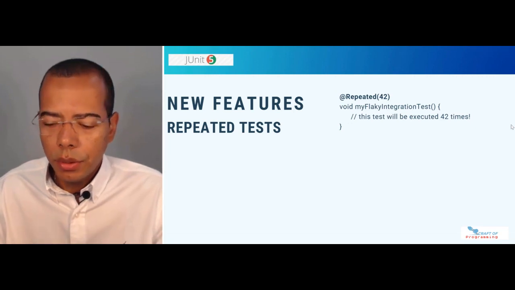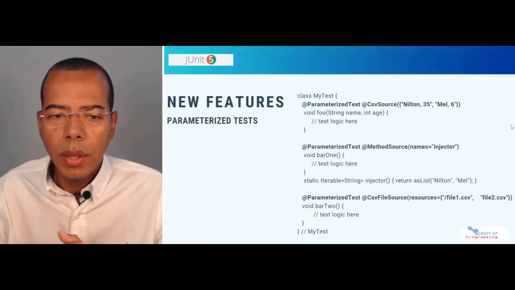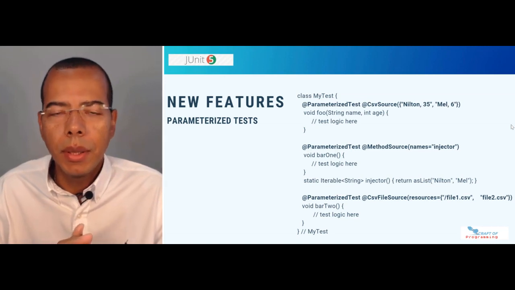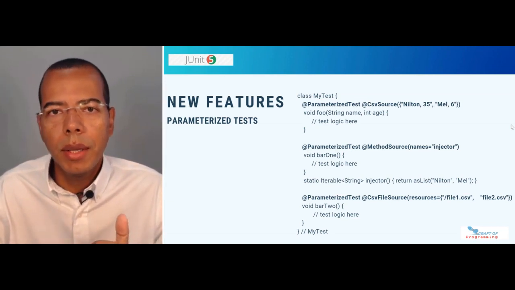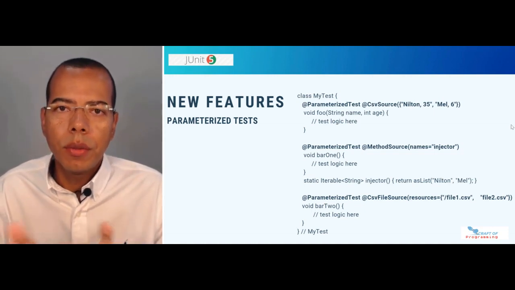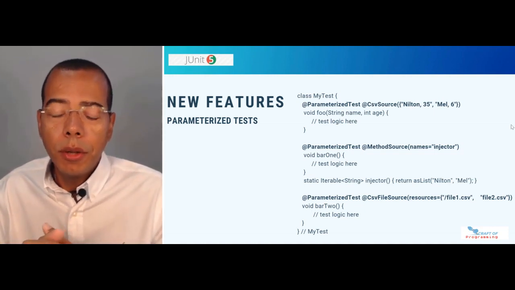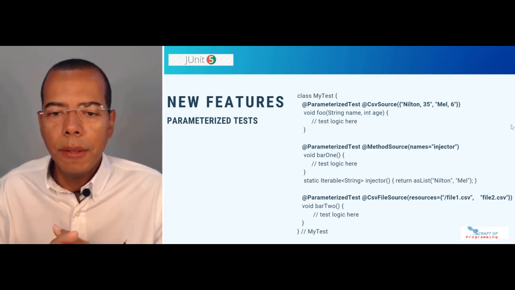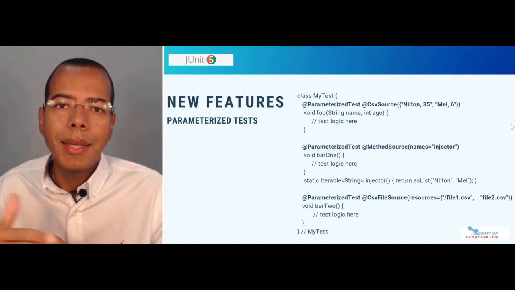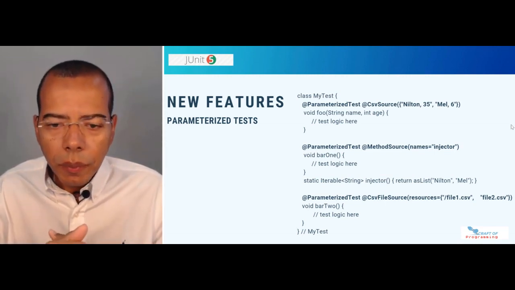Another one is the parameterized tests. As you know, in JUnit 4, you could write parameterized tests, but the parameters tag was applied at the class level. The big difference between JUnit 4 and JUnit 5 is that now you can have parameterized tests at the test method level.